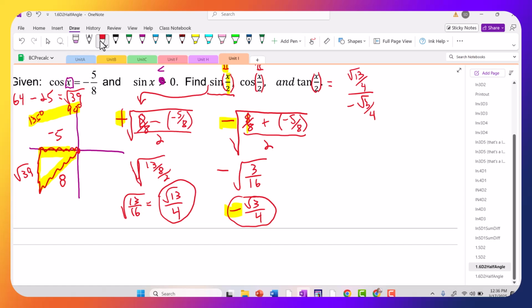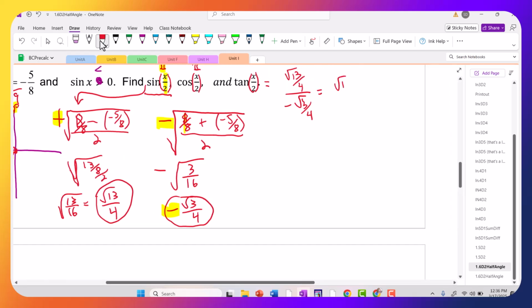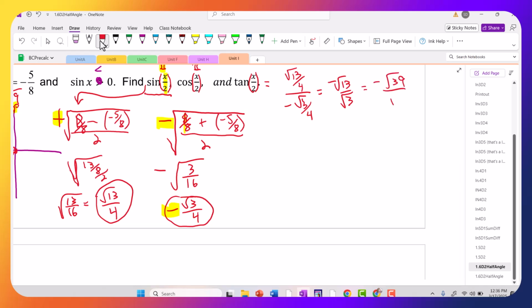And then this becomes root 13 over root 3. 4's cancel. Negative. And then multiply top and bottom by root 3. That's a 3. Free. I don't know what to tell you. This is what we've got to do. Okay, got to move faster.